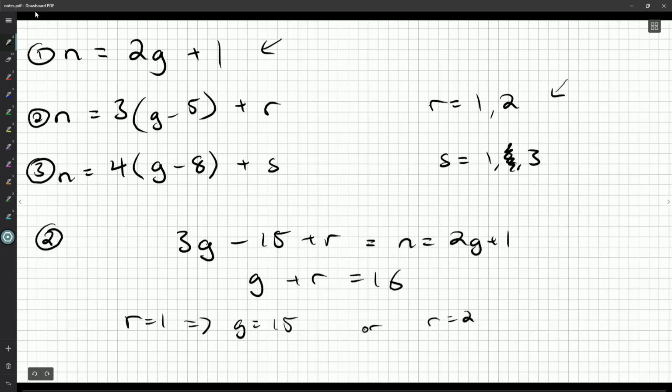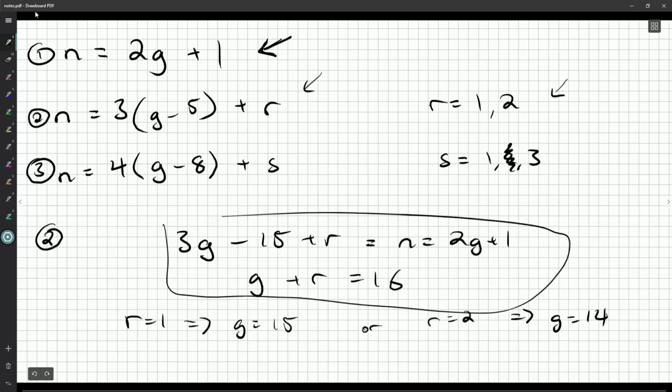Or r could be 2, and that would imply that g is 14. I guess we could try these and see what happens. I don't think there's much point in plugging it into equation 1 or equation 2, because they're the ones that helped us understand this relationship.